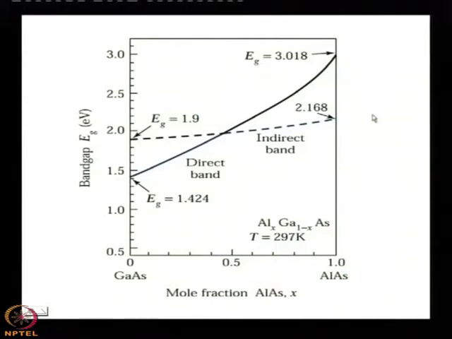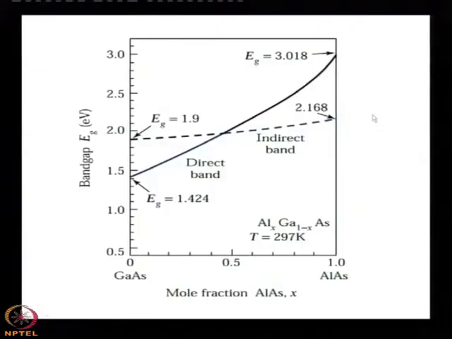So, what is the problem? The problem is that if you grow above 0.45, it will not serve your purpose for a light emitting diode or LED or laser, because it becomes an indirect band gap semiconductor, and you need the conservation of momentum. That means some defect levels or trapping levels must be introduced.